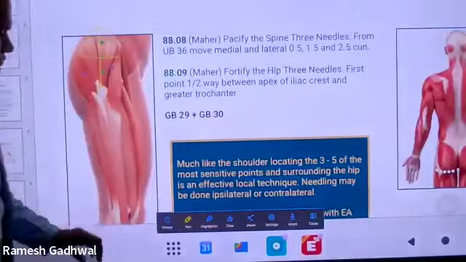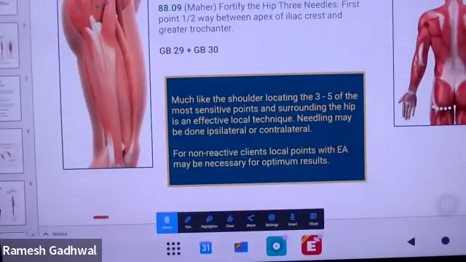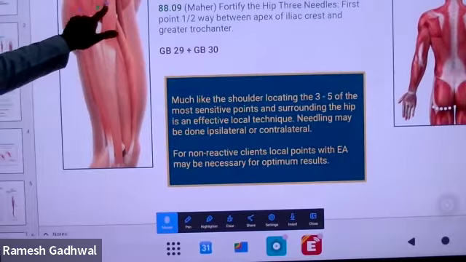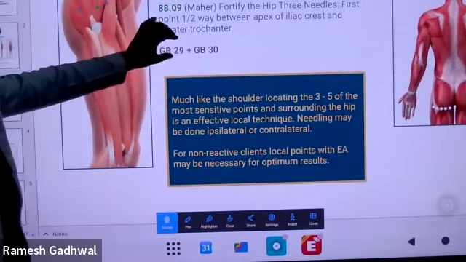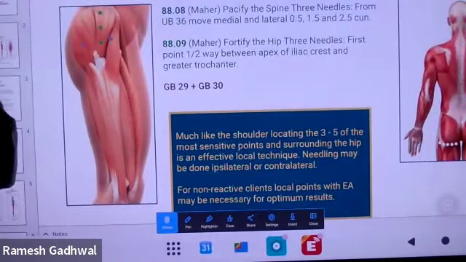Then GB 29 and GB 30 are here. If you see in blue color, that color is given here on those same points. Okay.